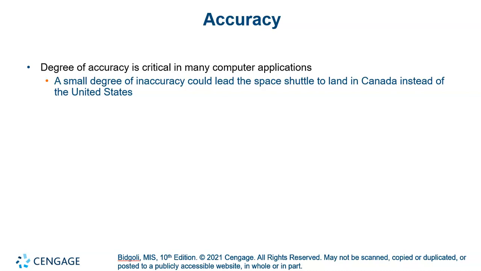Any miscalculation, a decimal off, or a 9 that's really a 6 or whatever, can either destroy the mission or can throw you somewhere that you definitely don't need to be.